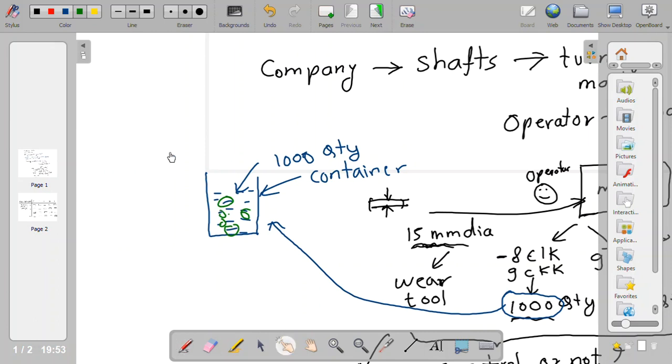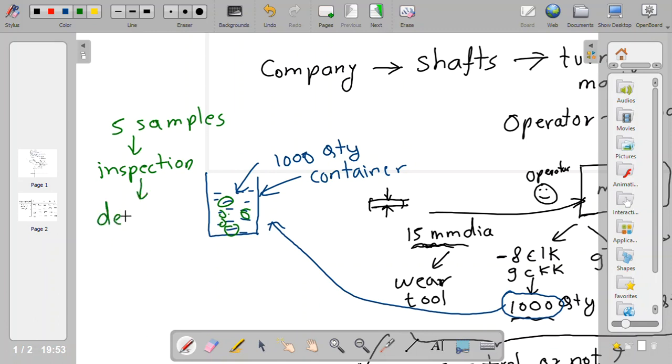Your quality inspector will choose 5 samples and inspect those samples.